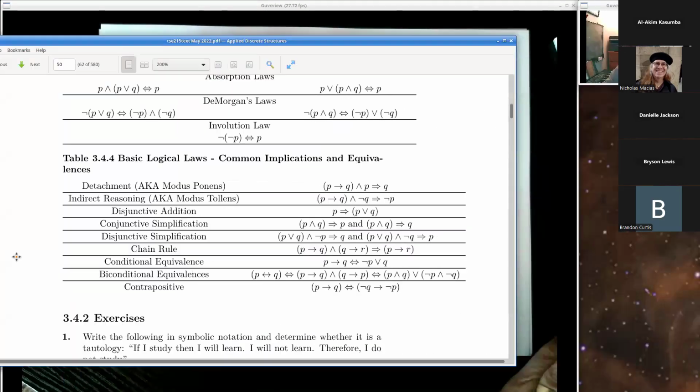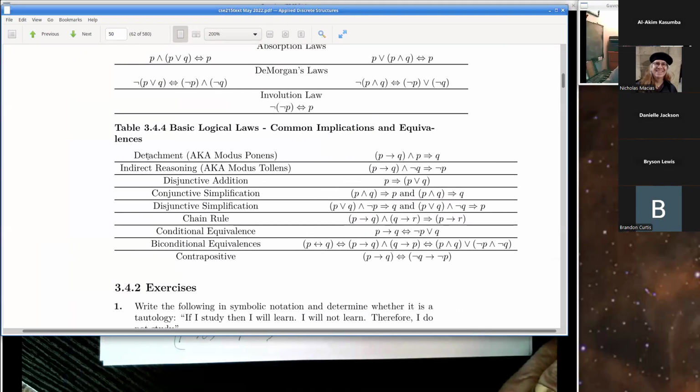So in the textbook, they use the term detachment or modus ponens. If P, then Q, and P altogether implies Q. So that's a law of logic. And it's a law we're allowed to use in our proofs to try to prove other things.